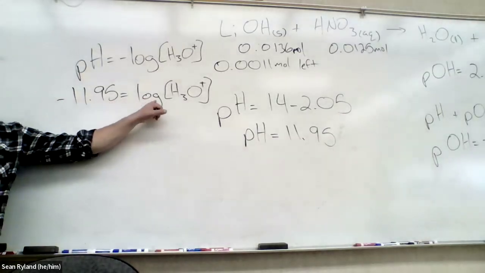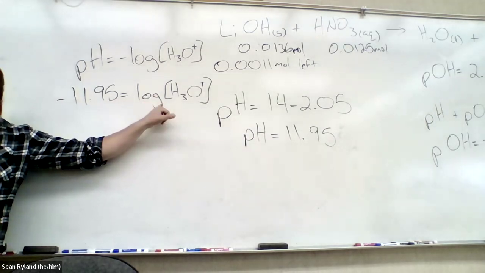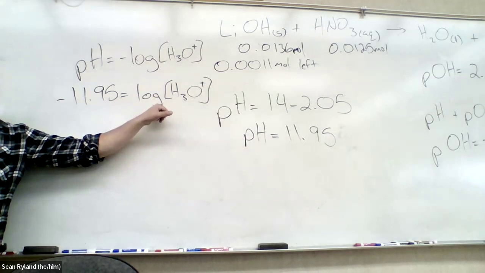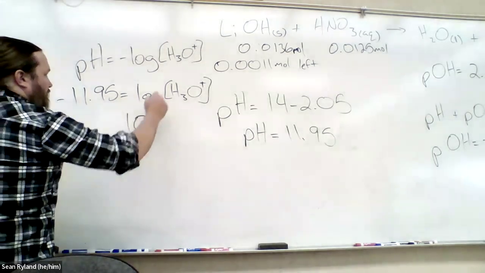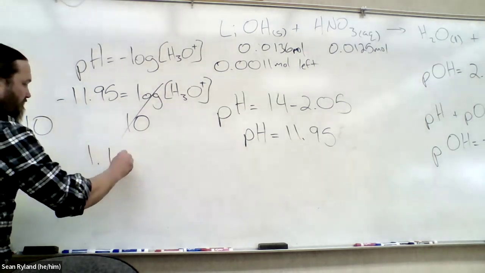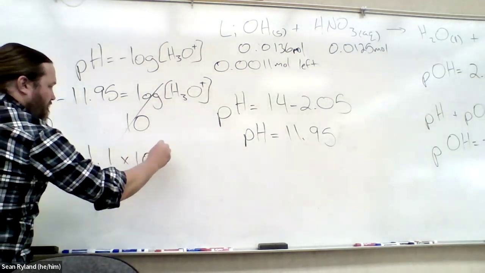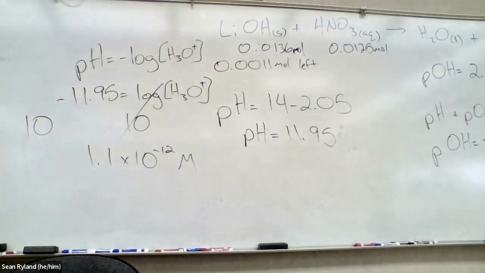And you undo the log by doing 10 to the power of both sides, right? This is log base 10, so if we want to get rid of it, we do 10 to the power of each side. So 10 to the negative 11.95 is our concentration of hydronium: 1.1 times 10 to the minus 12 moles per liter.